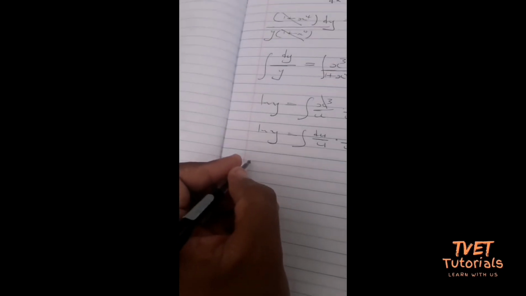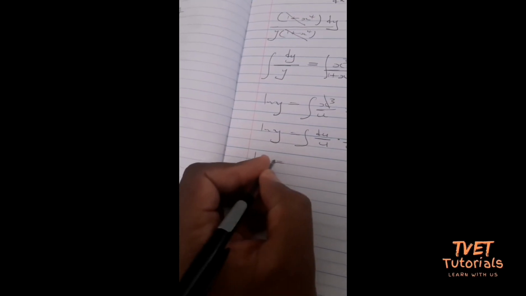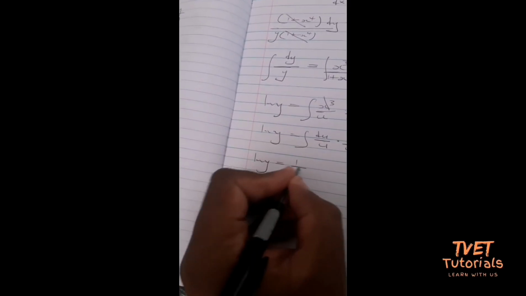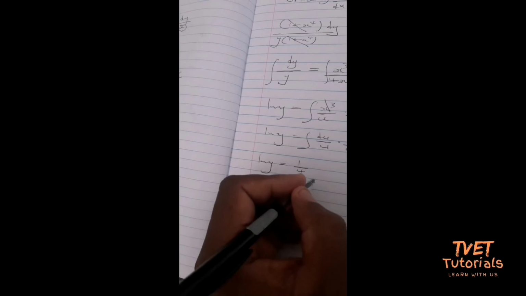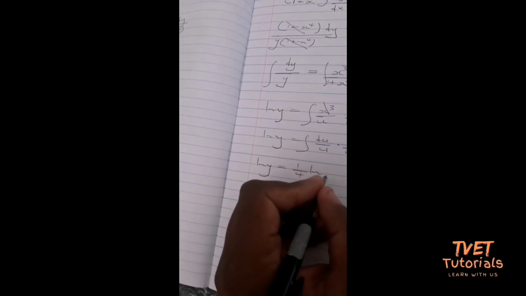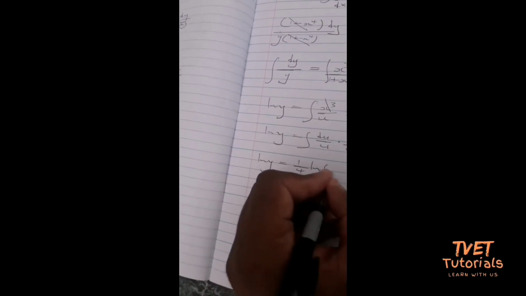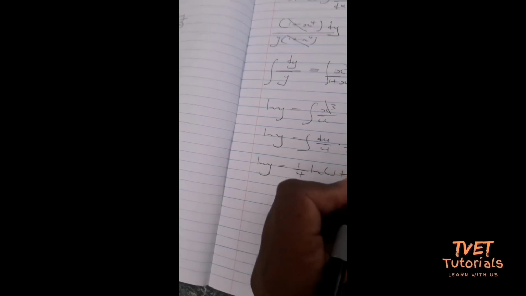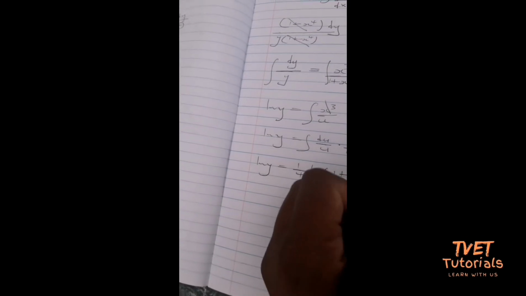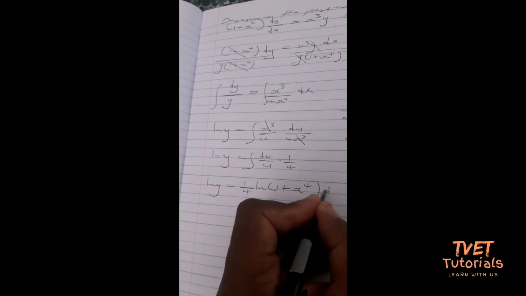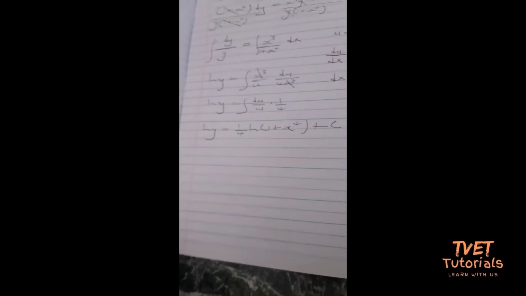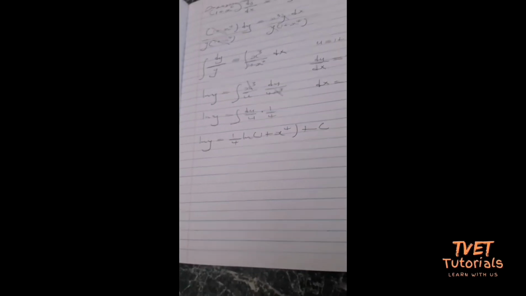Now this integral gives the ln of y equals 1 over 4 the ln of u. You know that u is actually 1 plus x exponent 4, plus c. So this is our general solution.